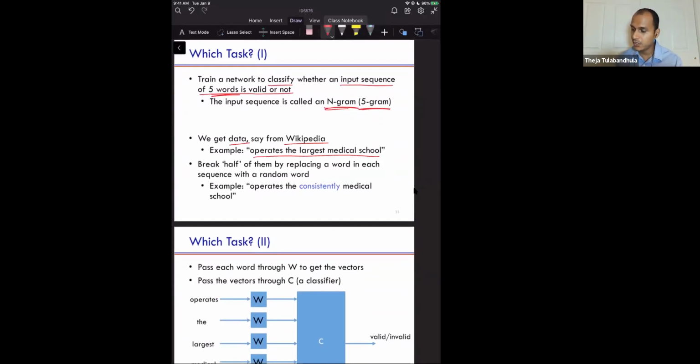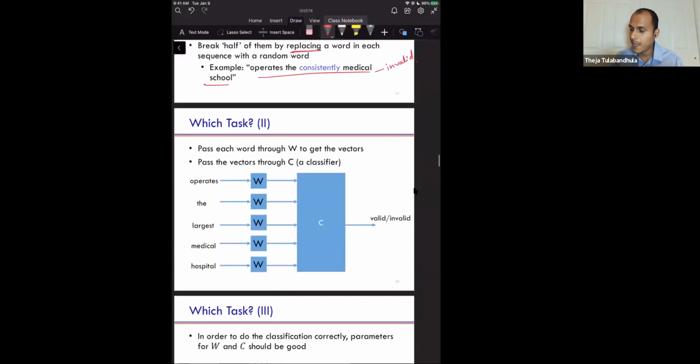You tag this as valid, that's its output label. Then you take sentences and randomly replace a word with a random word, as I said earlier, and just tag this as invalid. So now you have a two-class classification problem.